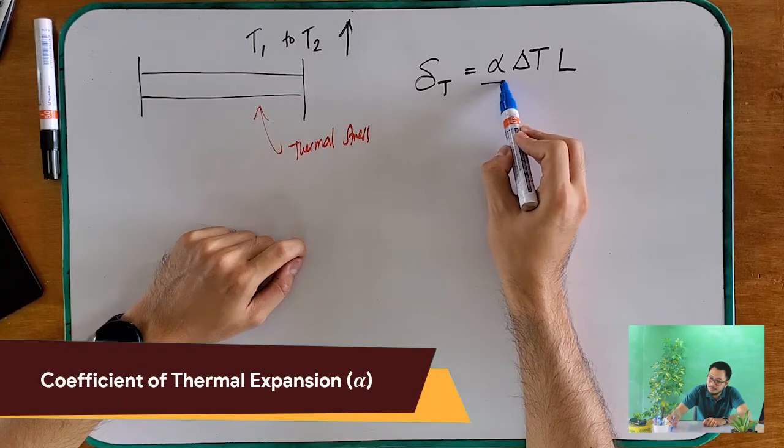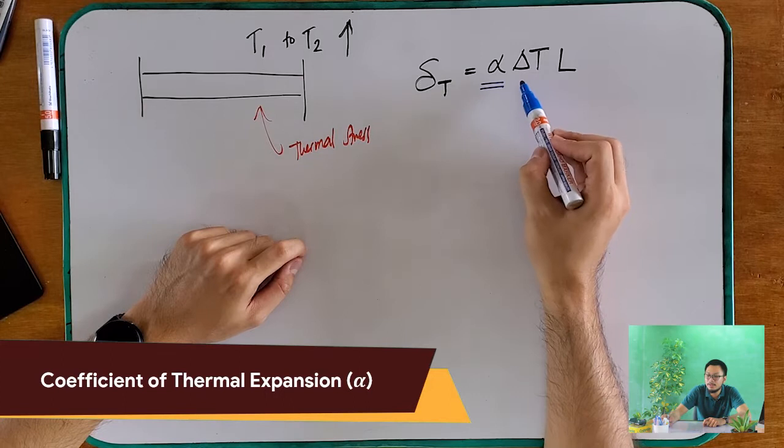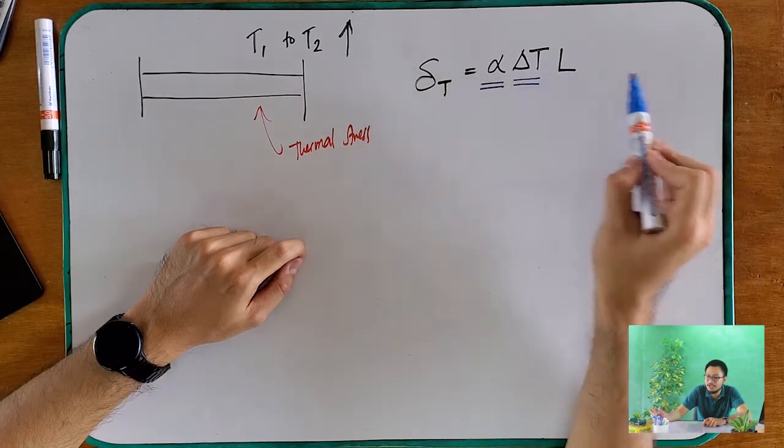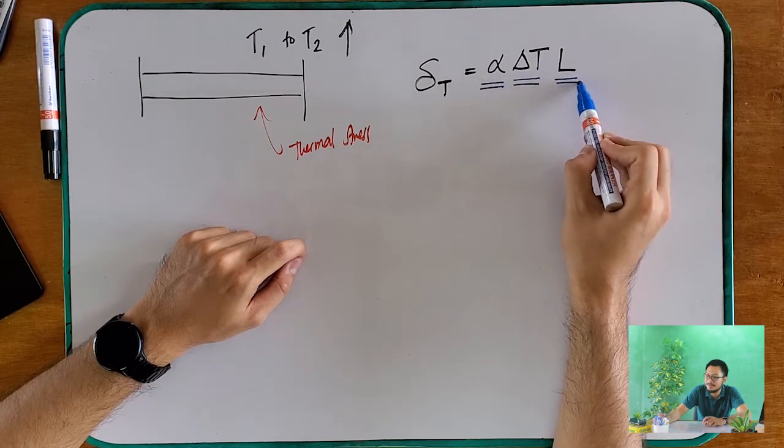Okay, so take note, the deformation of your material due to thermal expansion is just equal to the coefficient of thermal expansion multiplied by the change in temperature multiplied by the length.